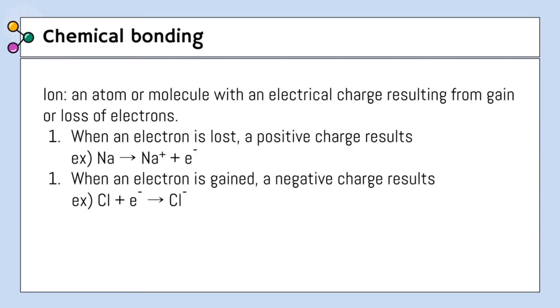The last concept I would like to talk about in this video is the ionic bond. An ion is an atom or molecule with an electrical charge resulting from gain or loss of electrons. When an electron is lost, a positive charge results, and when an electron is gained, a negative charge results.